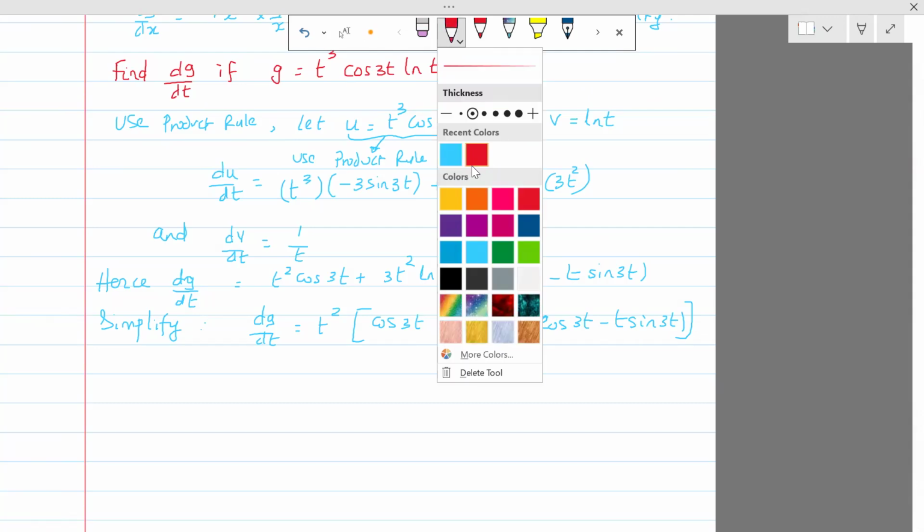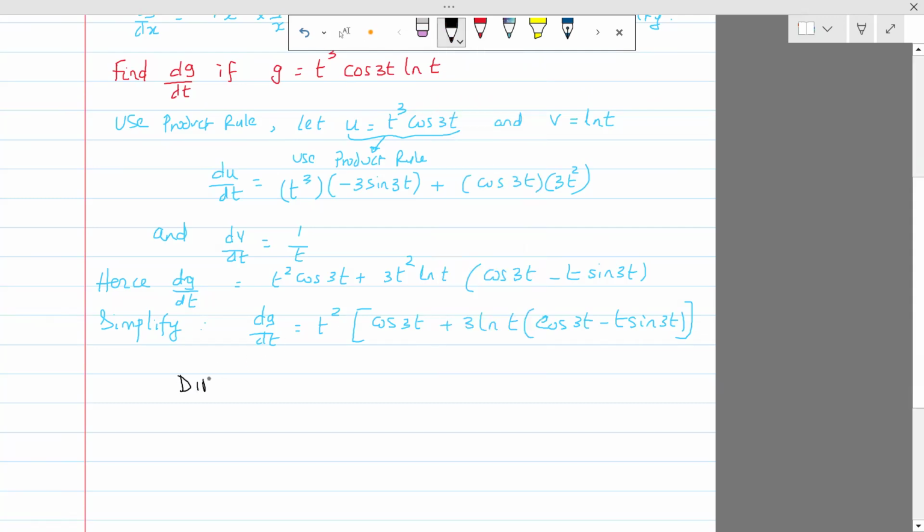Now let's look at how we are going to differentiate a quotient. Differentiation of a quotient will give me the quotient rule of differentiation.